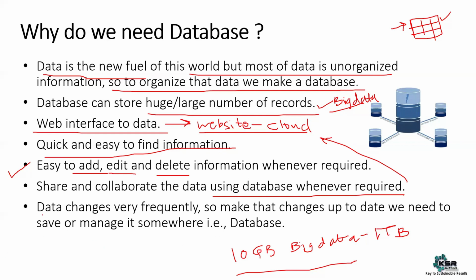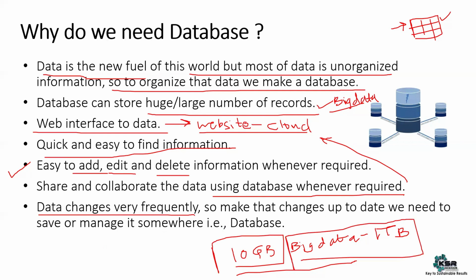Now, whenever there is a change of data, that change needs to be updated. The reason to use a database and the reason to use big data is slightly different. This last line will give you insights. Data changes very frequently, so to keep that change up to date, we need to save or manage it somewhere.